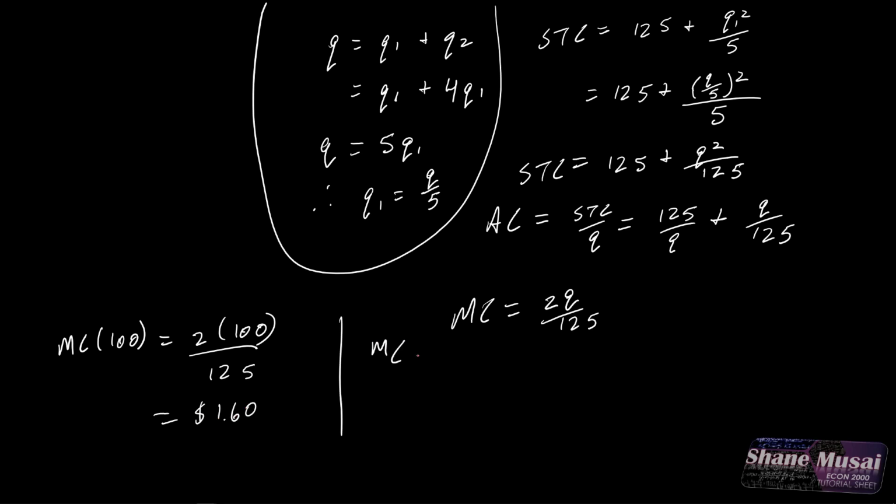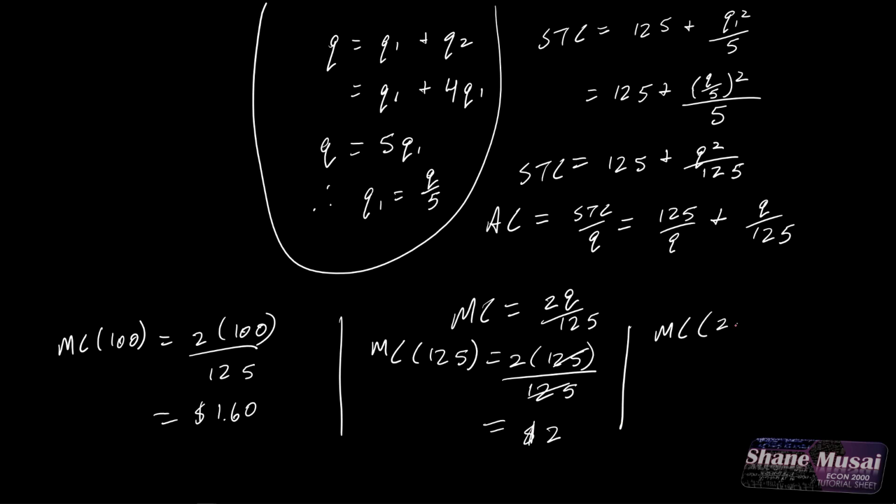The marginal cost for the 125th widget would equal 2 times 125 divided by 125. This would cancel out, and therefore you should get $2. And the marginal cost for the 200th widget would equal 2 times 200 divided by 125, and this would be $3.20. And that answers part B of the question.